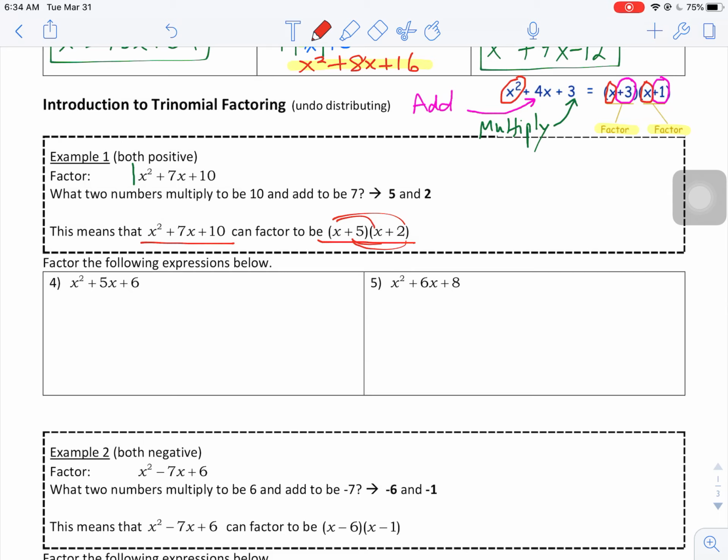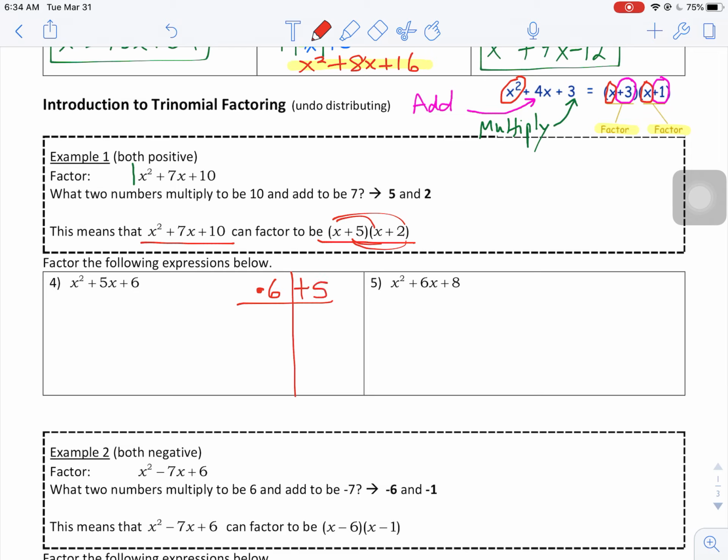On number 4, we want to try to factor x squared plus 5x plus 6. I'm going to show you guys how I organize my guesses. I'm going to pretend that I'm somebody who's not super good with my factors. I basically say I need two numbers that multiply to 6, and those same two numbers have to add to 5.